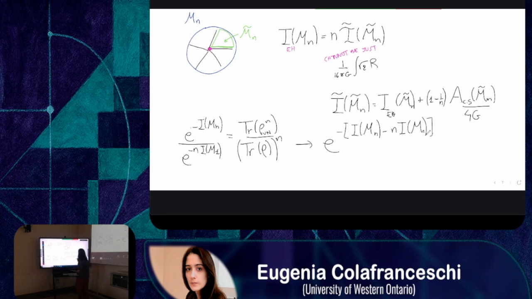Then I'm going to use this equation here, in which I write the action for the full saddle as n times the action for just one slice. So this is going to be n times this action I tilde for my slice. We are almost there.